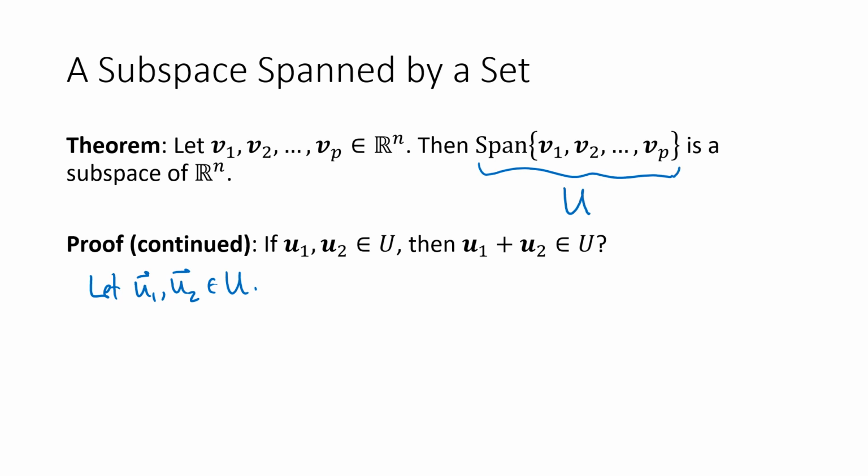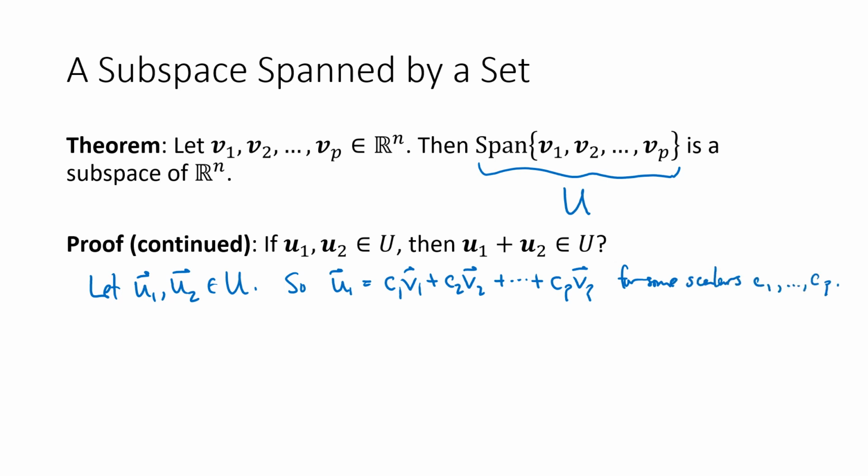What do I know about u1 and u2 from knowing that they are in the span? Well, what is the span? The span is the set of all the linear combinations. So that means that u1 vector and u2 vector are two of the many linear combinations in the span. That means that u1 looks like c1 v1 plus c2 v2 plus cp vp for some scalars c1 through cp.